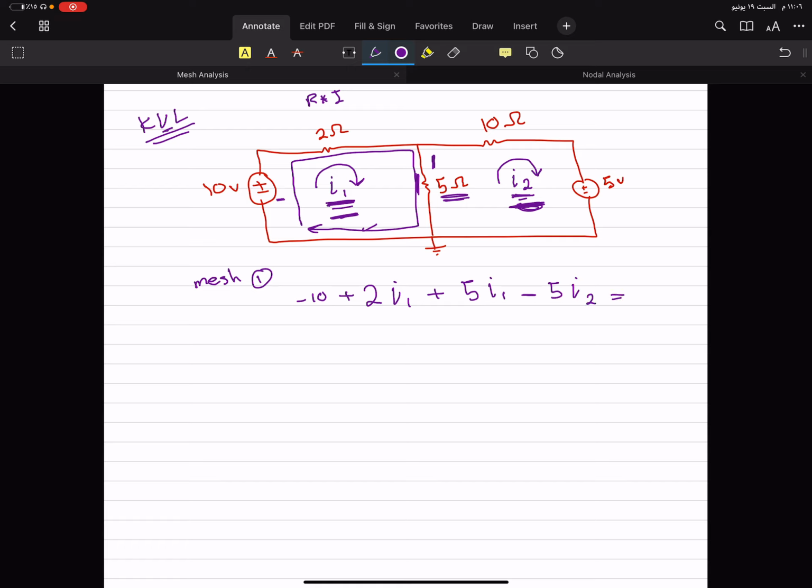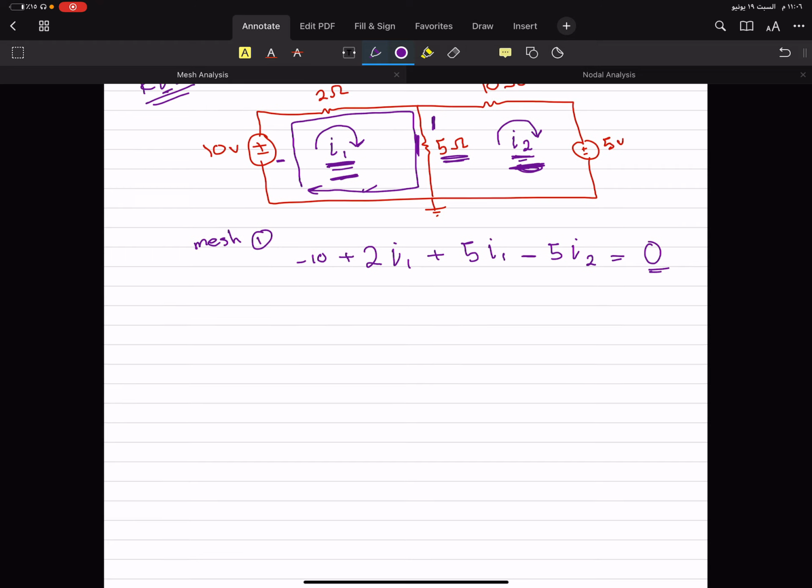All that equals 0. Of course, you remember KVL, which states that all voltages in a closed loop sum to 0. Now you can simplify this by saying 7 I1 minus 5 I2 is equal to 10. And now you have equation A.